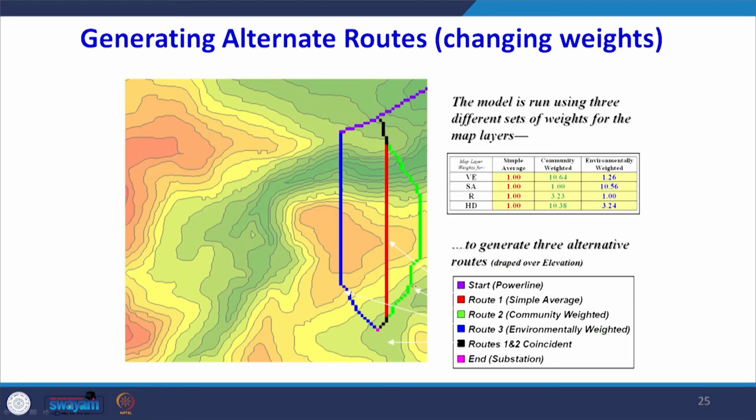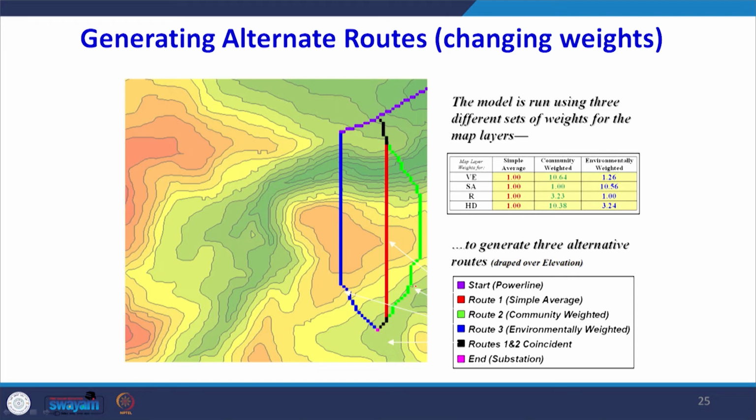The software will pick pixel by pixel and see which pixel is meeting the criteria, and it generates a route. When you change the weight a little bit from one parameter to another parameter, it will generate another route.